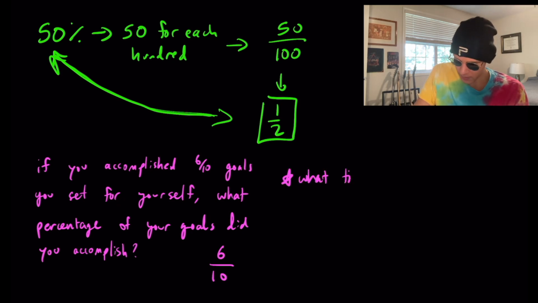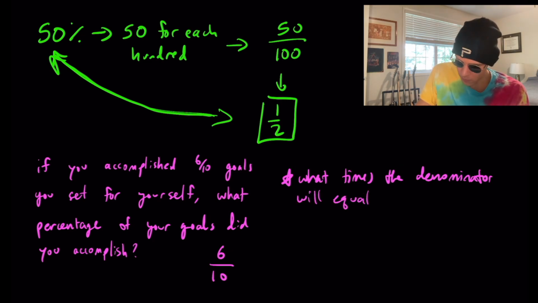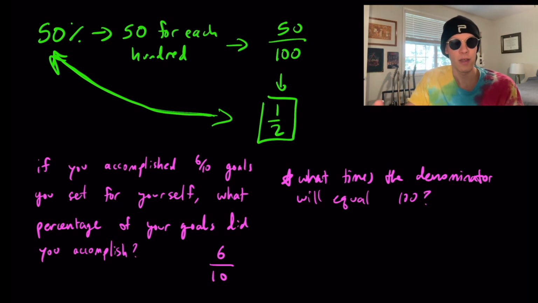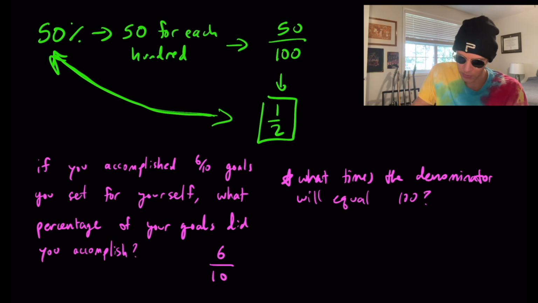And I'll ask myself, what number times the denominator will equal 100? This is the first thing you want to ask when converting fractions to percentages. So I see I've got 10 in the denominator. So what number times 10 is going to give me 100?